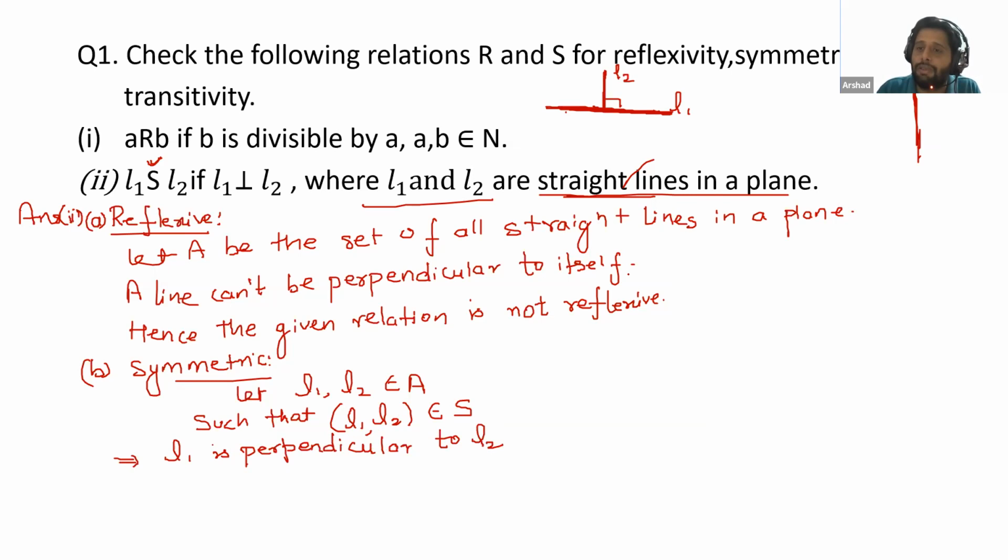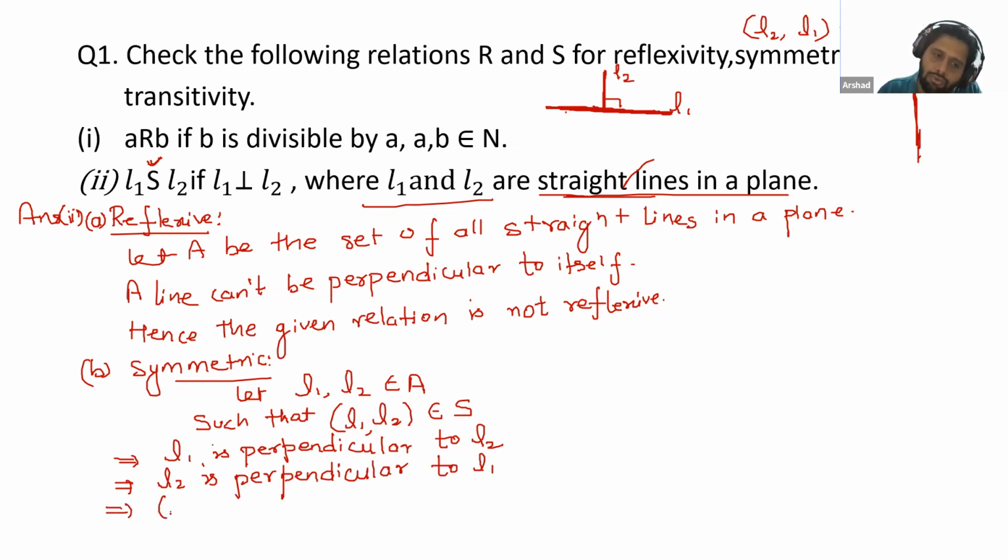Now in rough, please check what you need to prove. You need to prove that L2, L1 belongs to S. What is meant by this? L2 is perpendicular to L1. So L1 is perpendicular to L2, and this implies L2 is perpendicular to L1. This is the same thing.